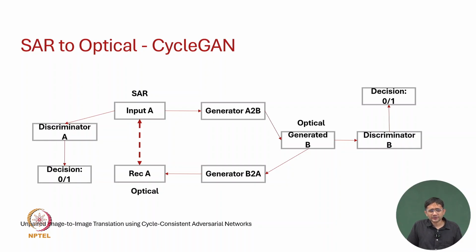It will just need SAR and optical images from a similar distribution in geographical terms, say images taken from a similar geographic area. Otherwise, we will not need paired images. So this is one advantage.